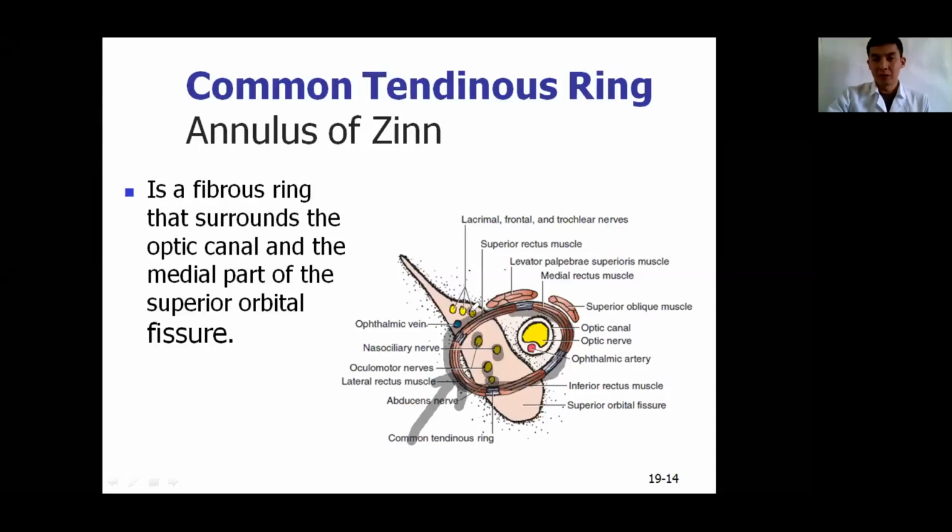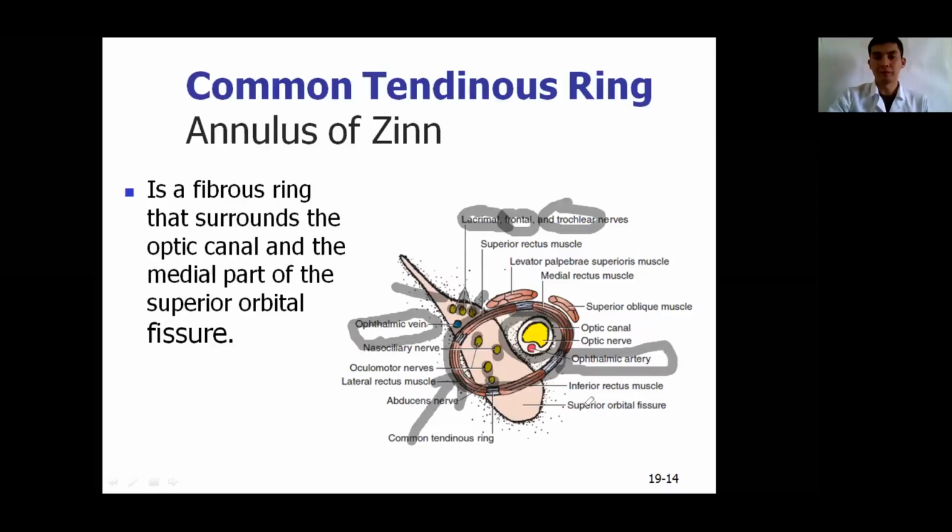The other part, not surrounded by the common tendinous ring, contains the lacrimal nerve, most lateral, the frontal nerve in the middle, and the trochlear nerve, most medial, and the ophthalmic vein too. And definitely there is the optic canal, which contains the optic nerve with the ophthalmic artery.